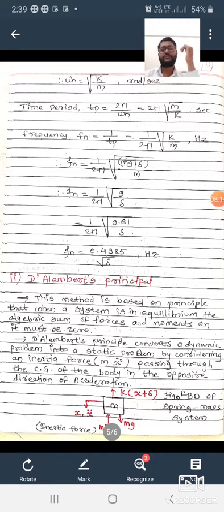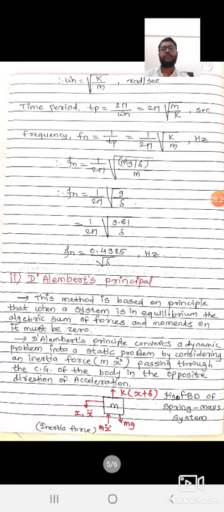Frequency Fn is the reciprocal of time period, that is 1 upon 2 pi. We know the time period is 2 pi under root of m by k, but the reciprocal of Tp is 1 upon 2 pi under root of k by m, in hertz.